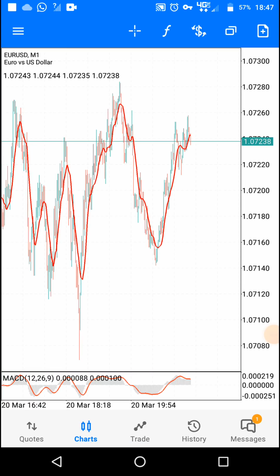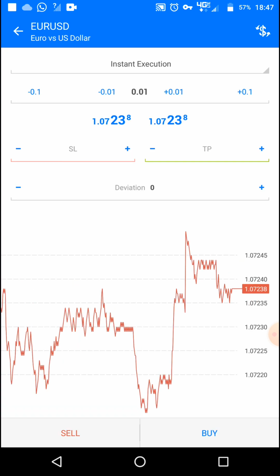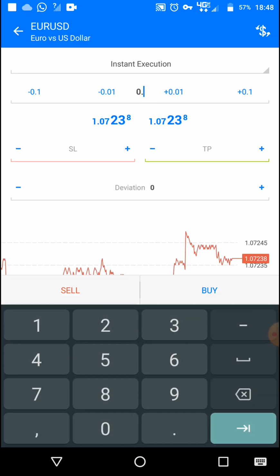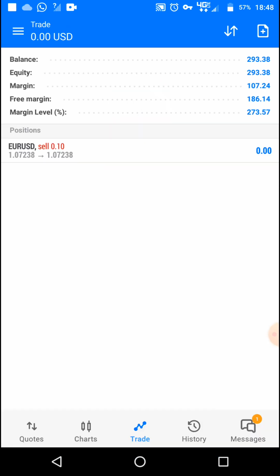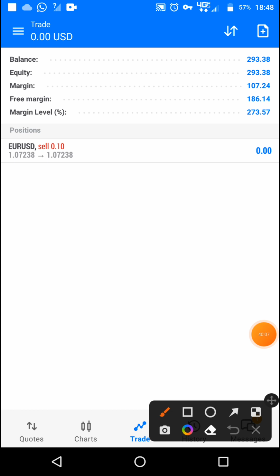So this particular trade right now is in a downtrend. Let's say when I change my lot size to 0.01, that means one pip will give me $1. When I go sell, you see that 1 pip change, the difference between these numbers, 1 pip will give me $1.